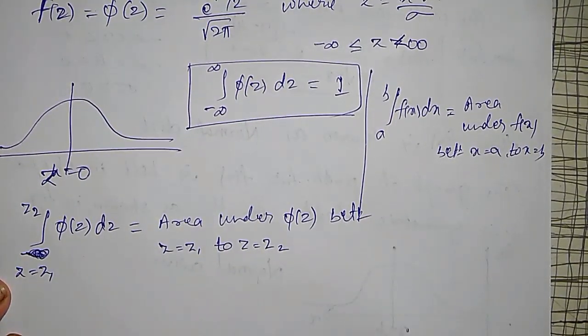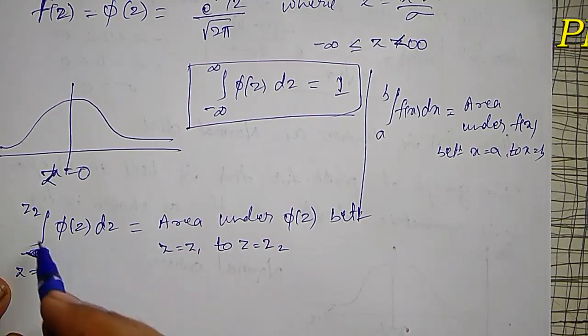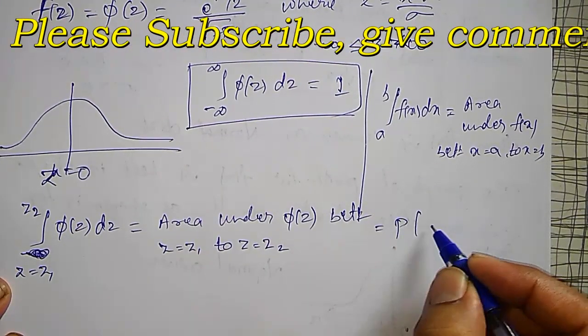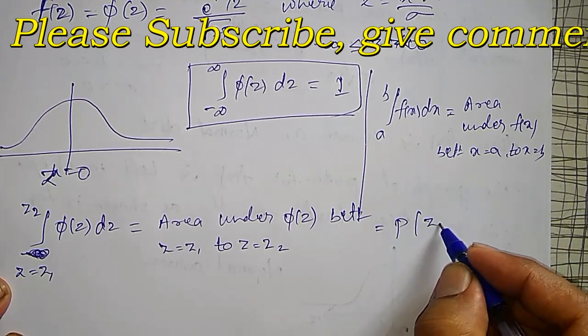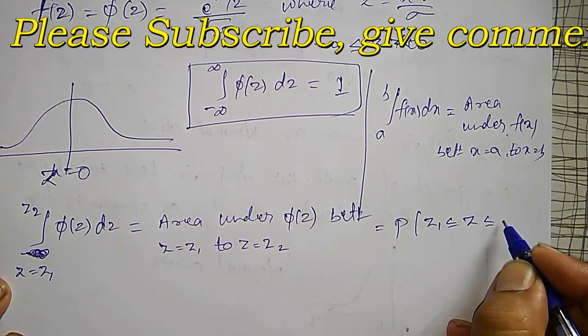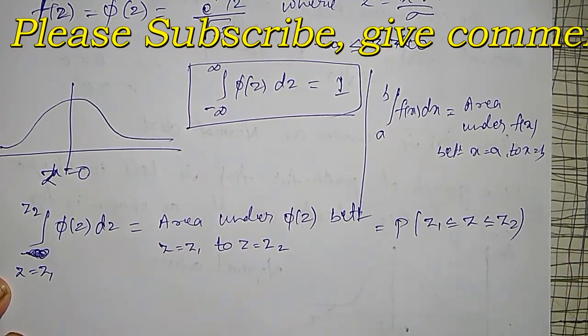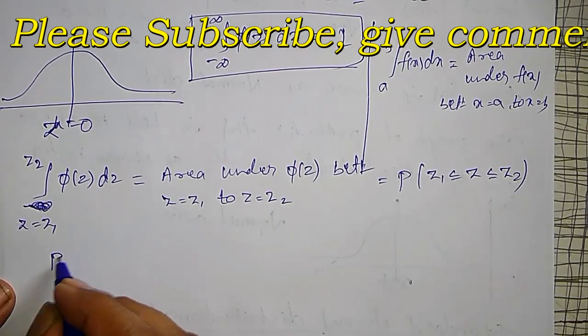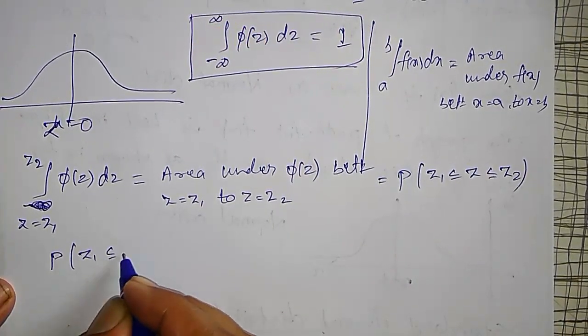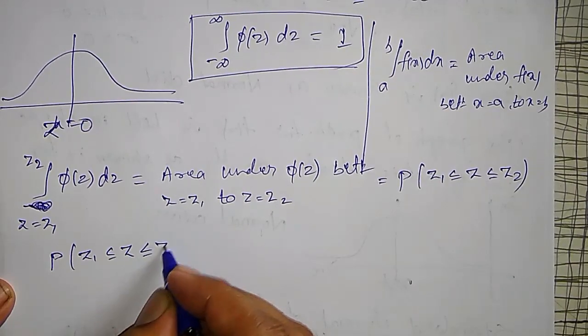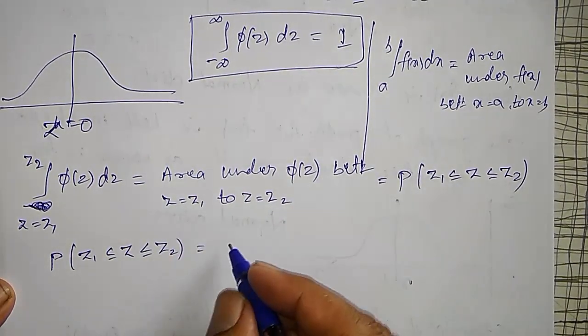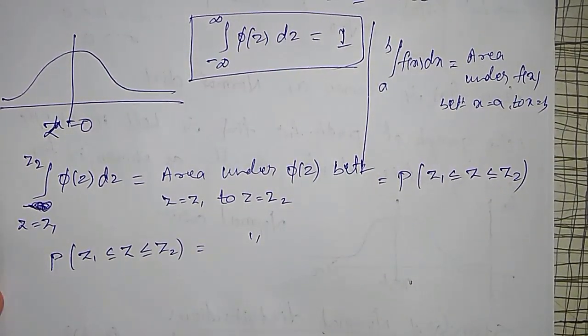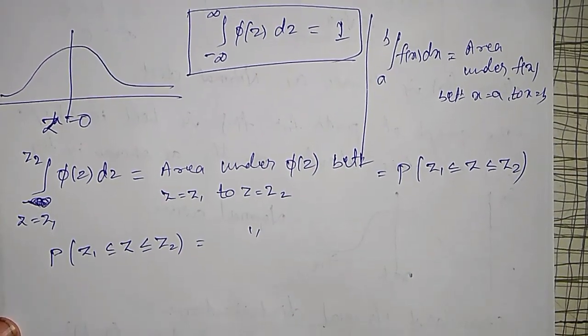That is, this is nothing but the probability between z1 less than or equal to z less than or equal to z2. Therefore, now onwards I will call this probability the area.